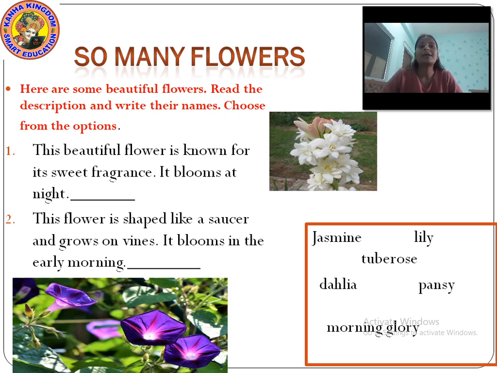Now let's read the second. This flower is shaped like a saucer and grows on vines.